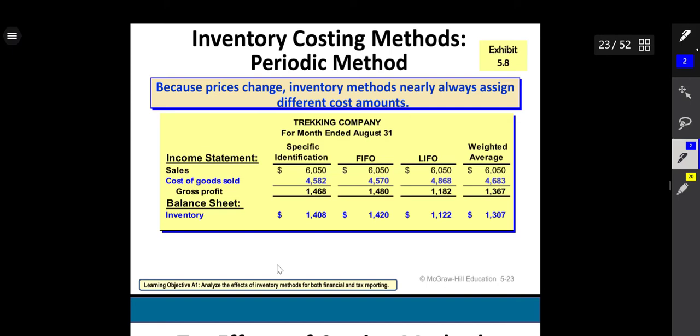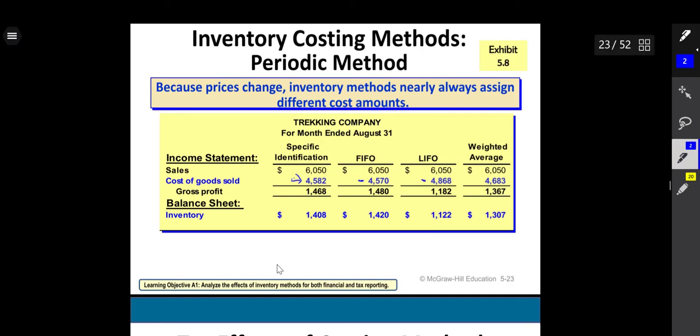Here's an example of the different costing methods and how they impact gross profit and net income. Well, gross profit, but it will flow through to net income. So you see the specific identification and the way it values cost of goods sold here. Now, this is not predictable because it depends on the items you have if you're doing specific identification. But with FIFO, if you're in a period of time where costs are increasing, the cost of goods sold for FIFO will be lower than it is for LIFO.